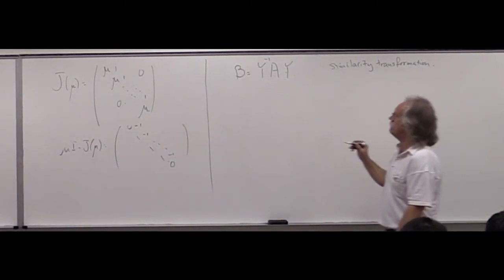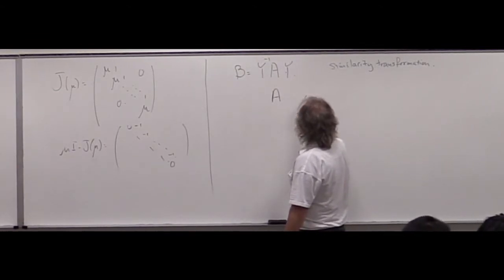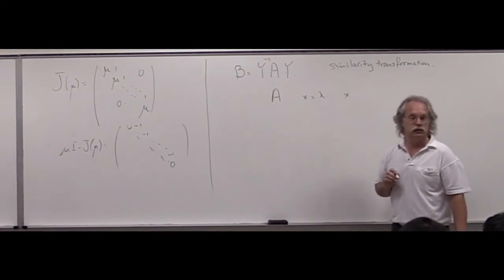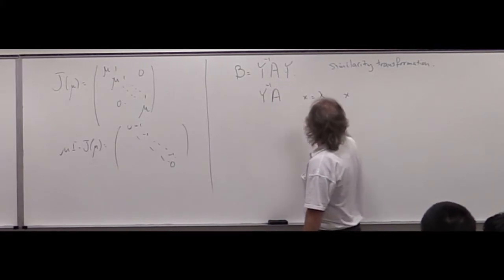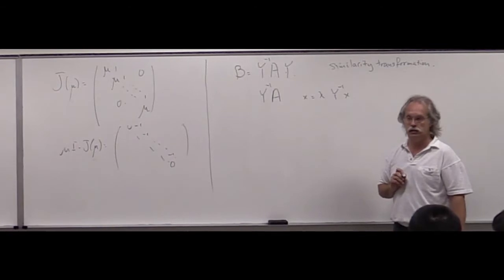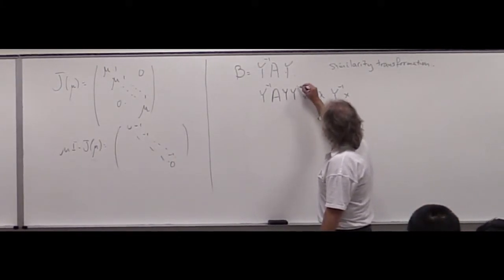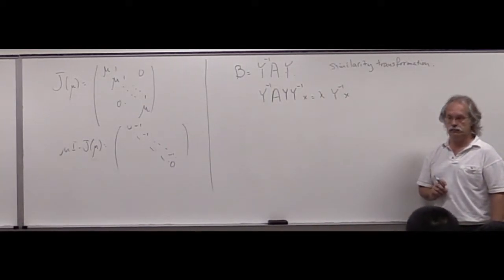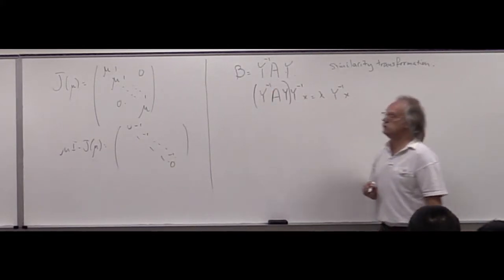How do you do that? Well, you know that if AX is equal to lambda x, then you can always multiply both sides by y inverse. And you can always multiply in the middle here by the identity. And then you can always put some parentheses in various places.